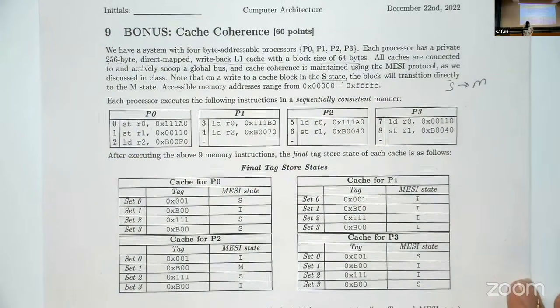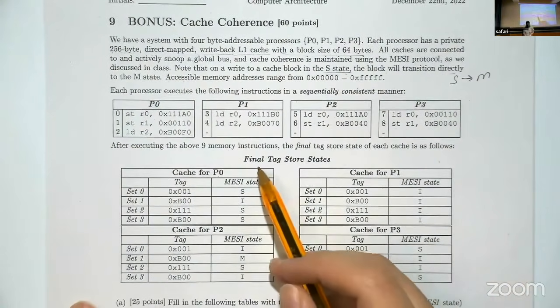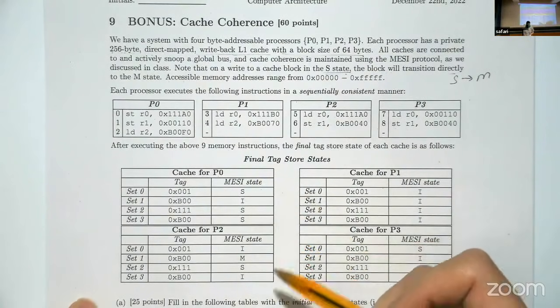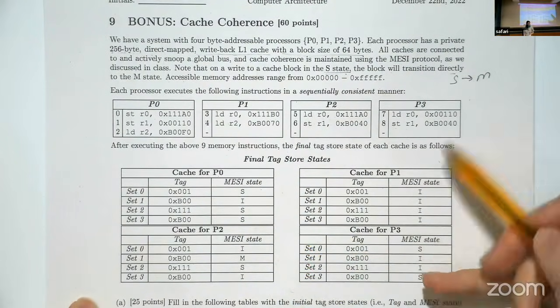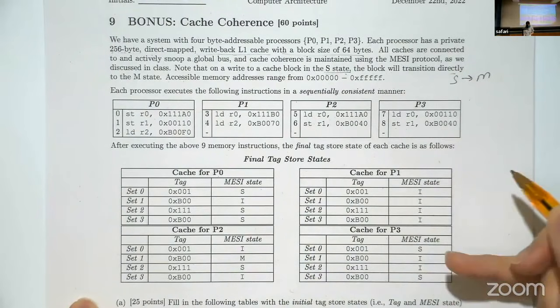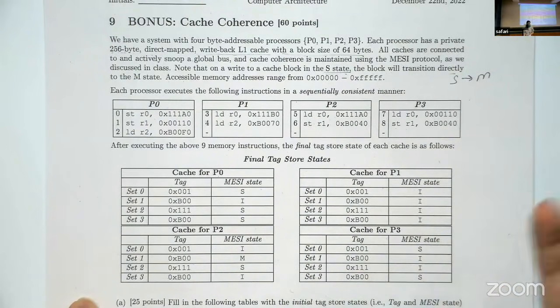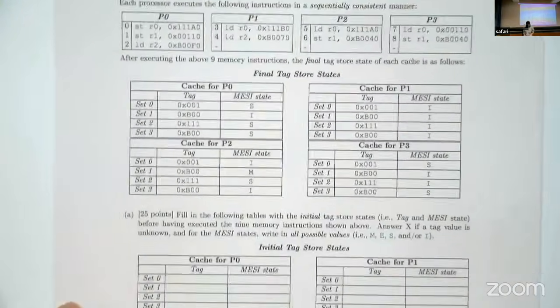What we have here is the final state of these caches after these 9 instructions are executed, and we don't know in which order they were executed. We are trying to figure out what happened and in which order they were executed so that we got this state.